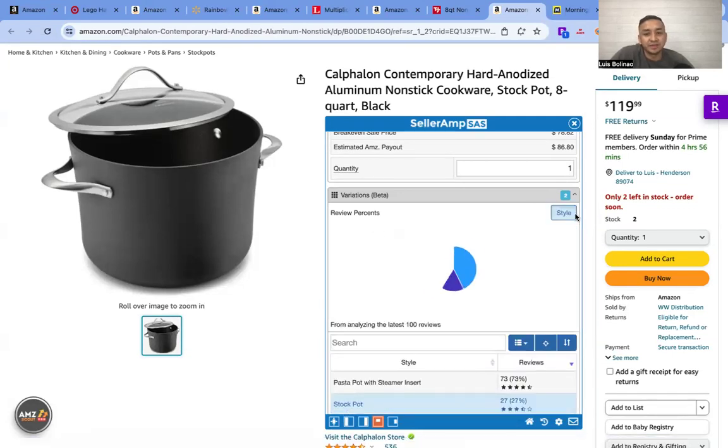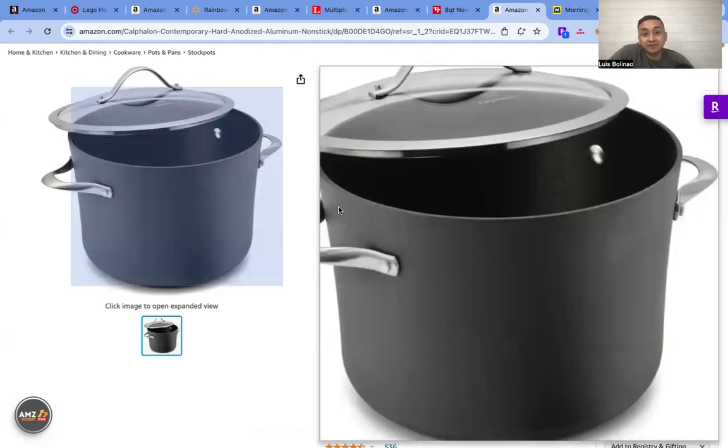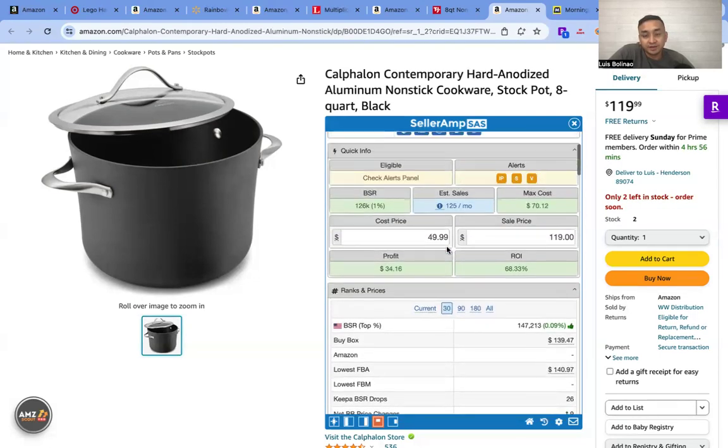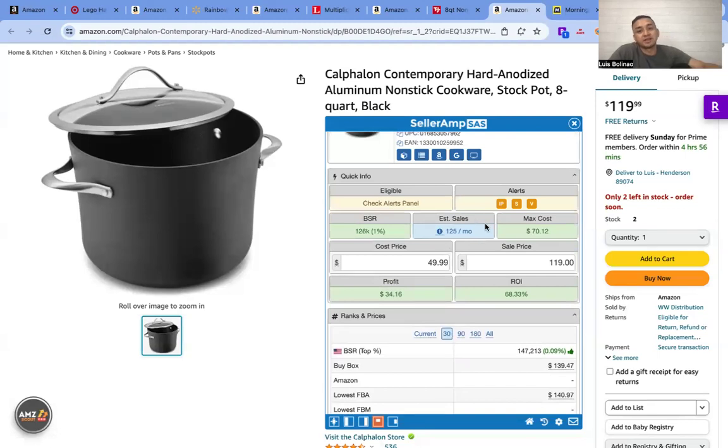Variation just means, let's keep it simple, like a flavor or a different style. So this exact variation is getting 27% of all the sales. So I would take 27% of the sales for this product: 125 sales per month times 0.27 is about 33 sales a month.